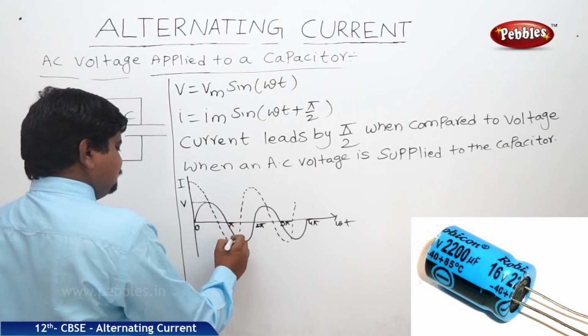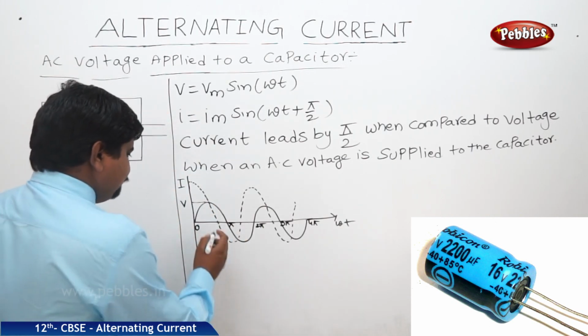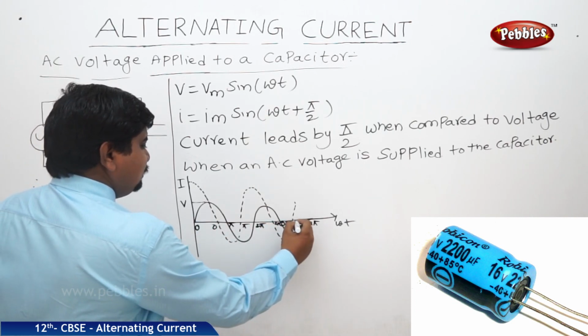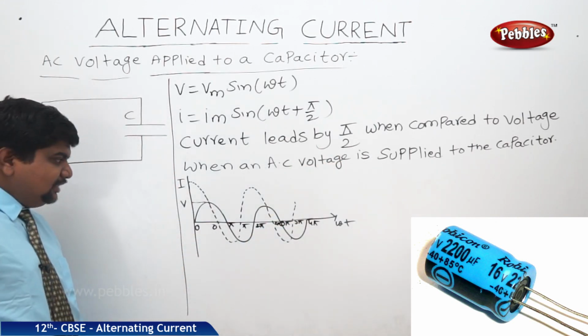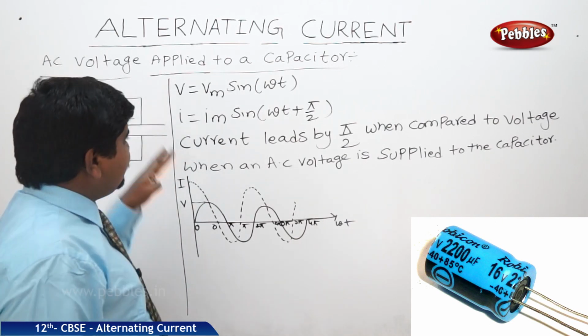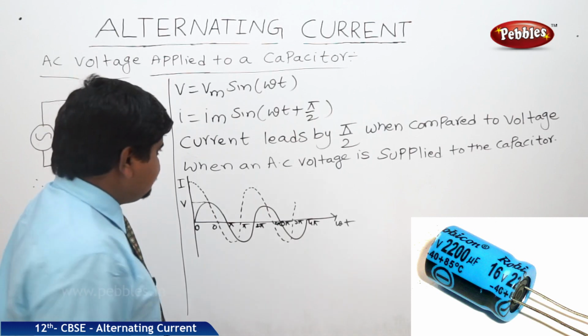So it is like this. Here it is 0, here it is pi, here it is 2 pi, here it is 3 pi, and so on. So this is the phasor diagram representation of V and I when an AC voltage is passing through the capacitor.